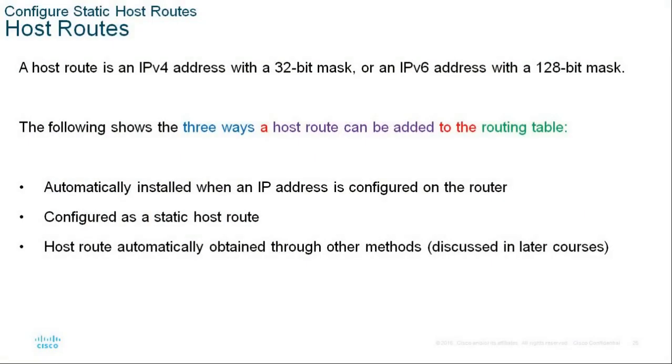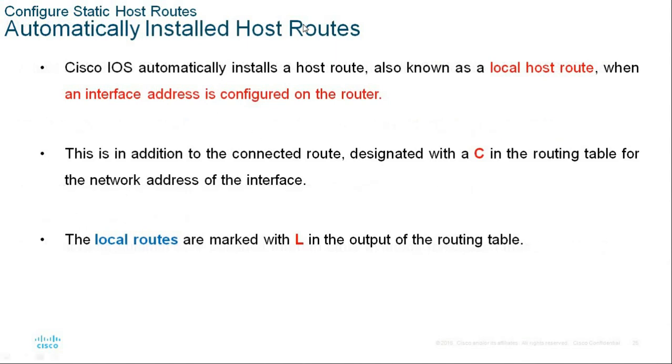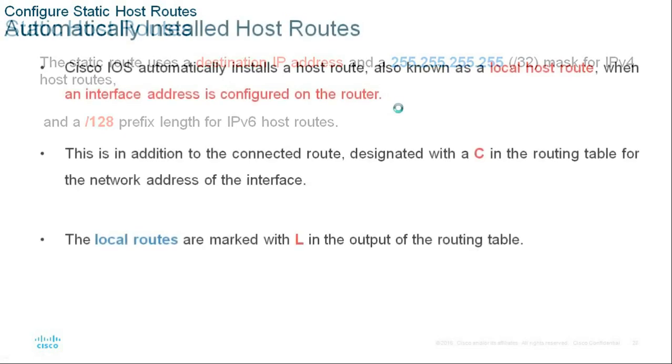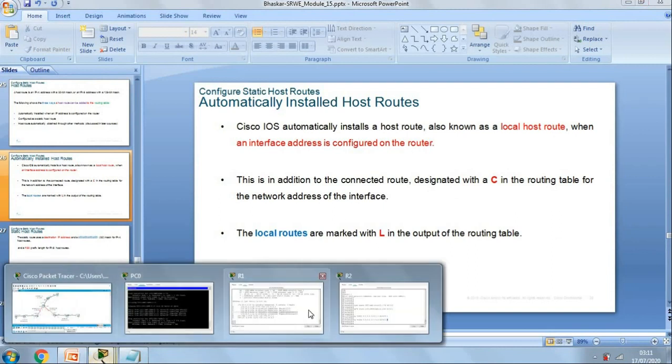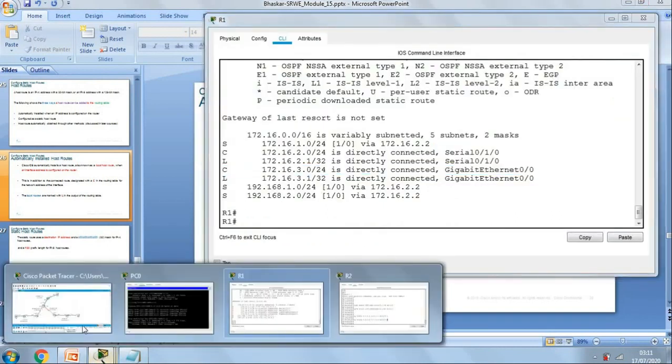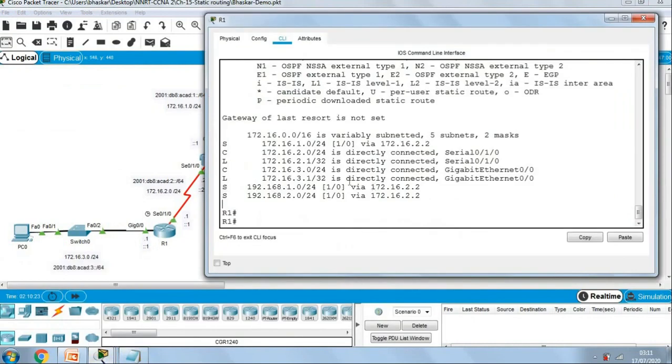So coming back here, the first one is automatically installed host routes. Cisco IOS automatically installs a host route, known as a local host route, when an interface address is configured on the router. For example, for this R1, this interface is automatically added to the routing table entry.